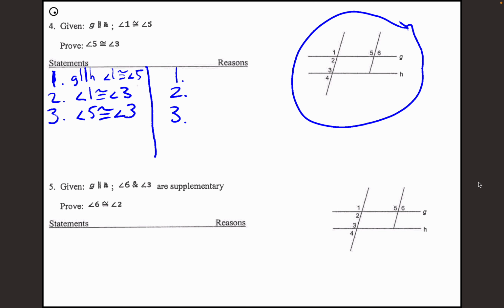Okay? Corresponding. Yes. Isn't 3 and 5 corresponding? Not 3 and 5. No. Use the first proof to help you with your last. It's not substitution.